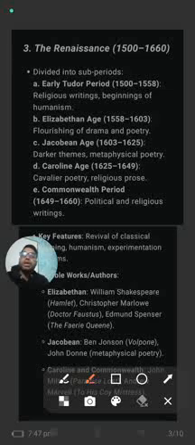Now we will know briefly the Elizabethan period. The Elizabethan age starts from 1558 to 1603.